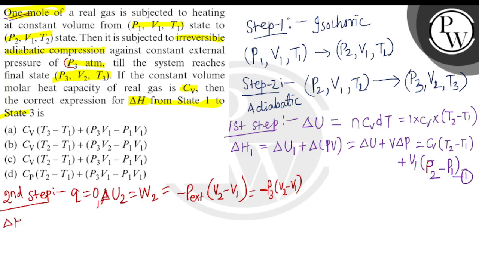Then the change in enthalpy can be calculated as delta U2 plus delta (PV), that is minus P3 multiplied by V2 minus V1 plus delta (PV).